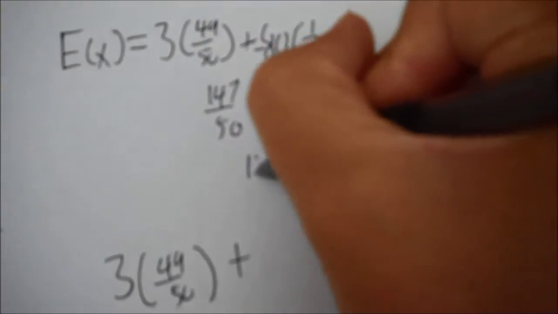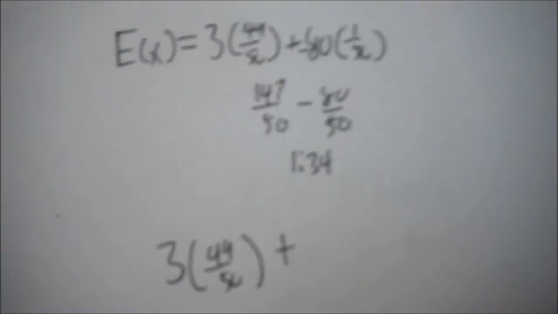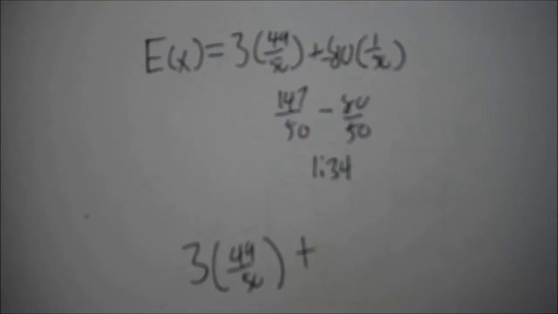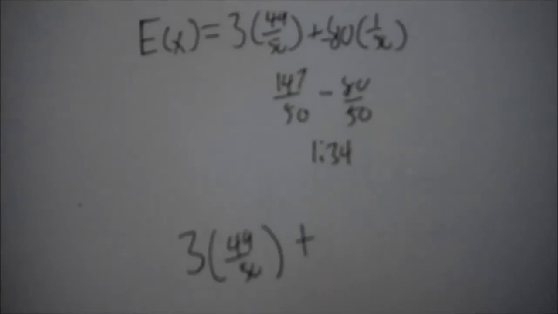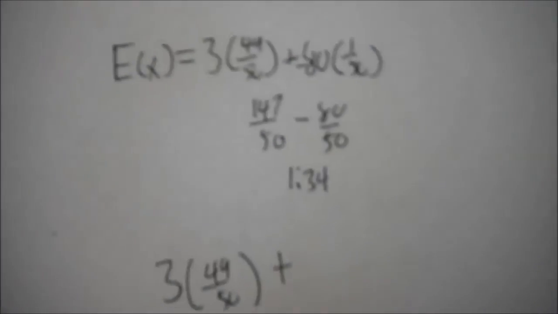Since the expected value is positive, my company can expect to make a profit. On average, we will make a profit of $1.34 per gadget.